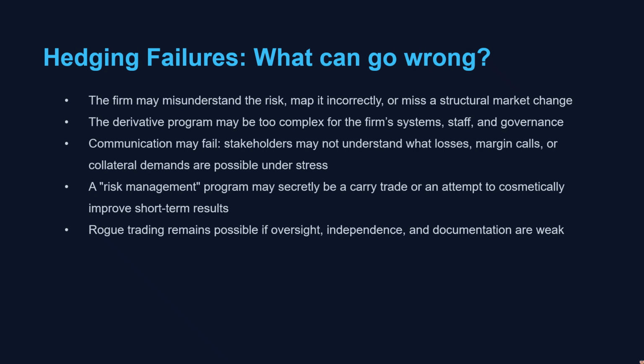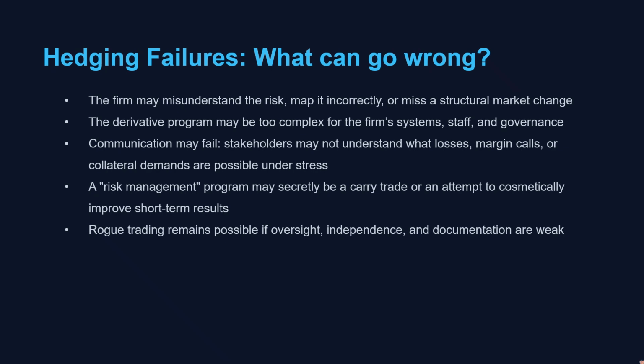Communication failure is another major issue. Senior management, boards, or investors may not understand that a risk management program can still produce losses, collateral calls, and severe short-term cash demands. There is also the danger that a so-called hedge is actually a carry trade or earnings smoothing strategy in disguise. That means the position is not really reducing risk, but it is adding hidden exposure.